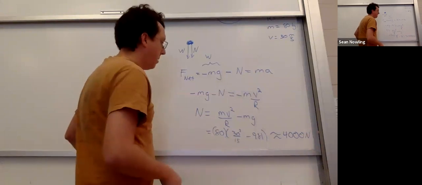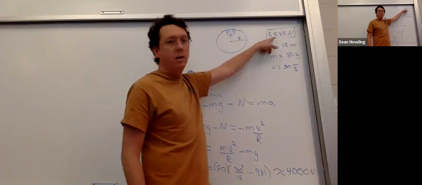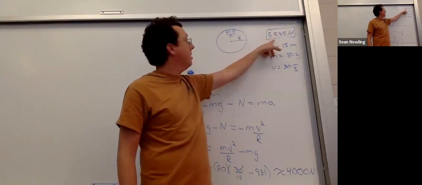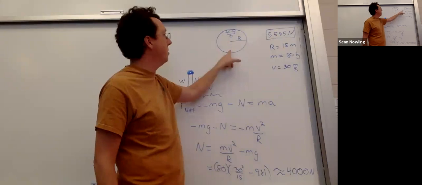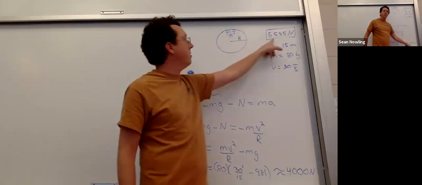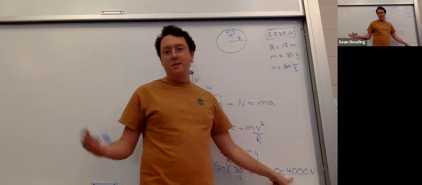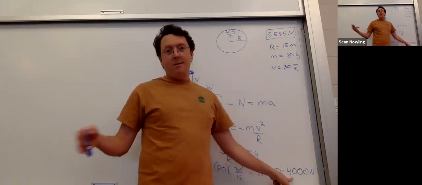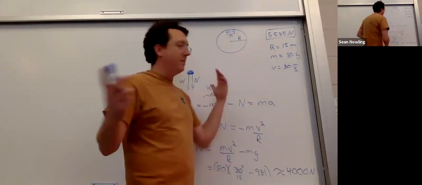It's probably not that bad of an estimate, to be quite honest. So comparing with our previous result when we found for the person at the bottom of the loop, the normal force, the apparent weight would be smaller. It's only 4,000 newtons, which is, they're still dead, but I guess it's less dead. If I had chosen better numbers, it would have been a better example.